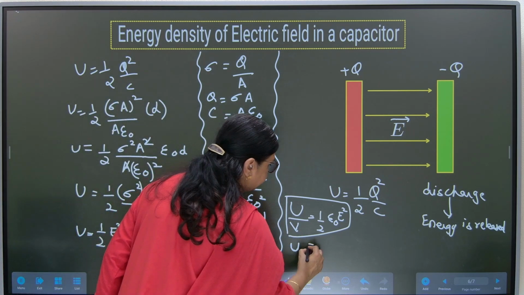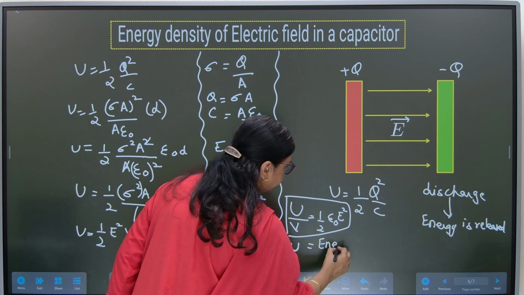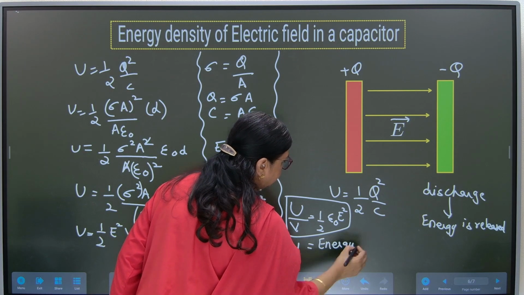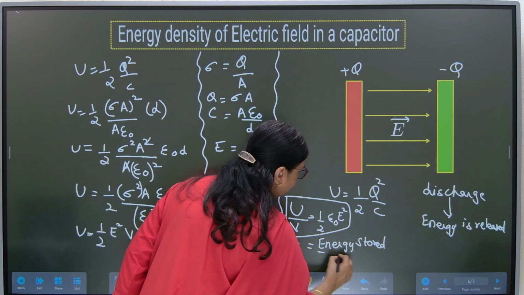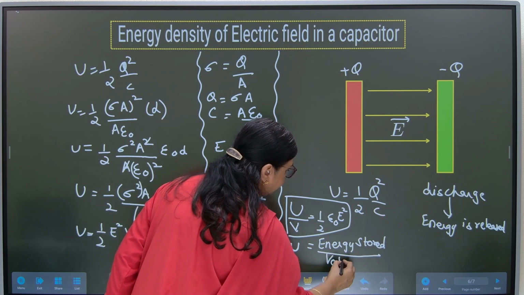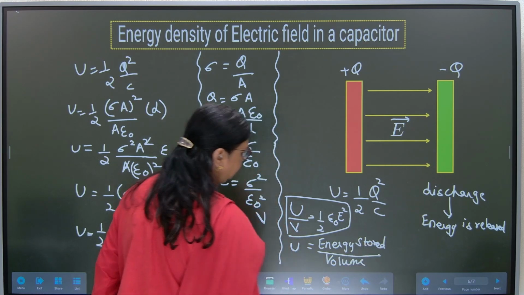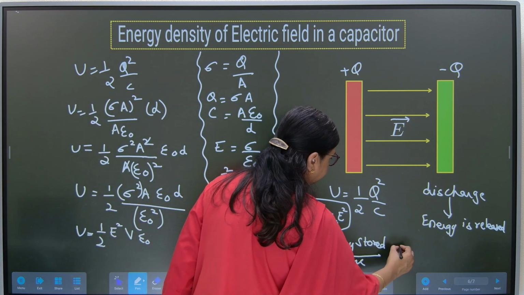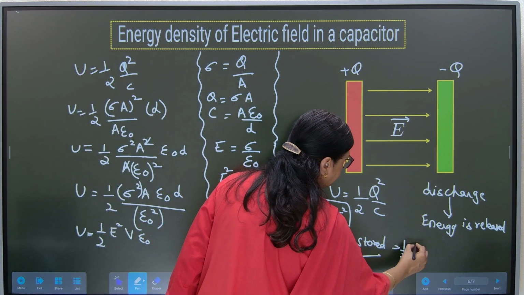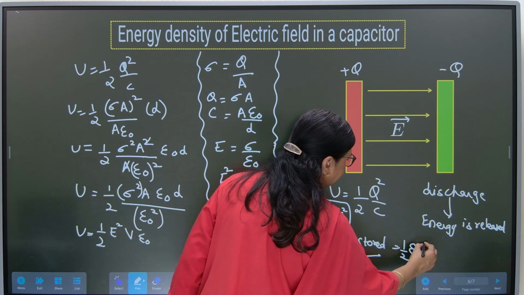What is this? Energy stored per volume, which is energy density, small u, given as half epsilon naught E square.